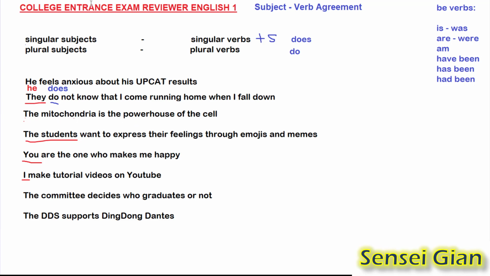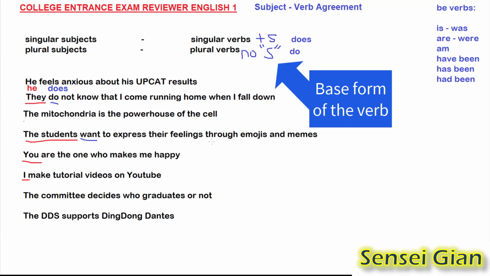So they is plural, do is plural also. Next is students. Students, of course, they're plural. So plural verbs don't have s. Usually they have no s at the end of the verb.